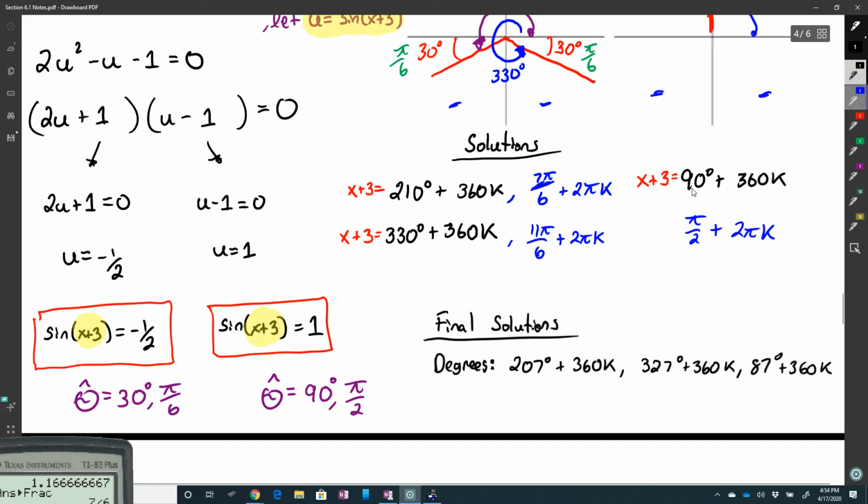And then finally we have the answer in radians. If you wanted to be exact, then you would just stick a -3 on each end. So you would say 7 pi over 6 plus, well, I can say -3 plus 2k pi, like that.